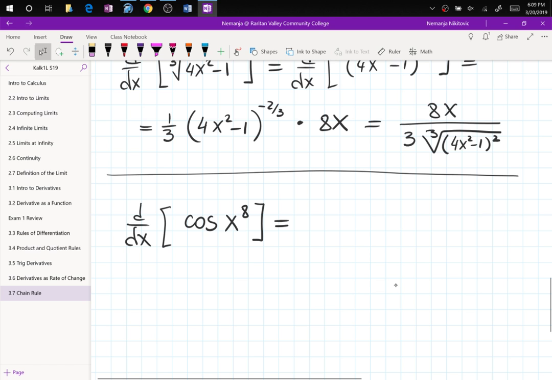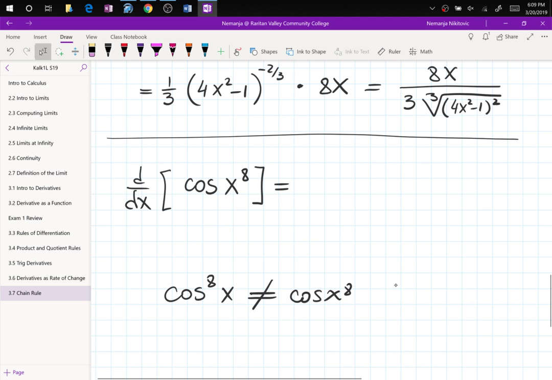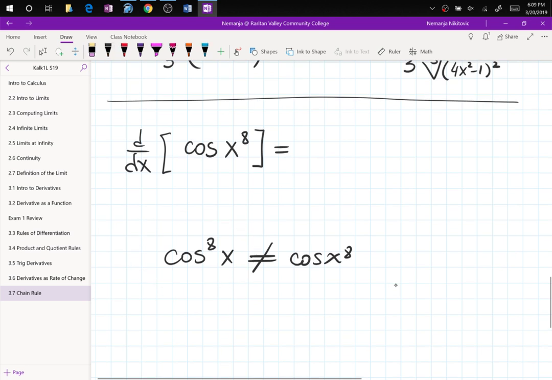So this is the story of, there is a difference between cosine 8x and cosine x to the 8th. They are not the same. When your exponent is on the left hand side, your main function f is x to the 8th and cosine is plugged in.